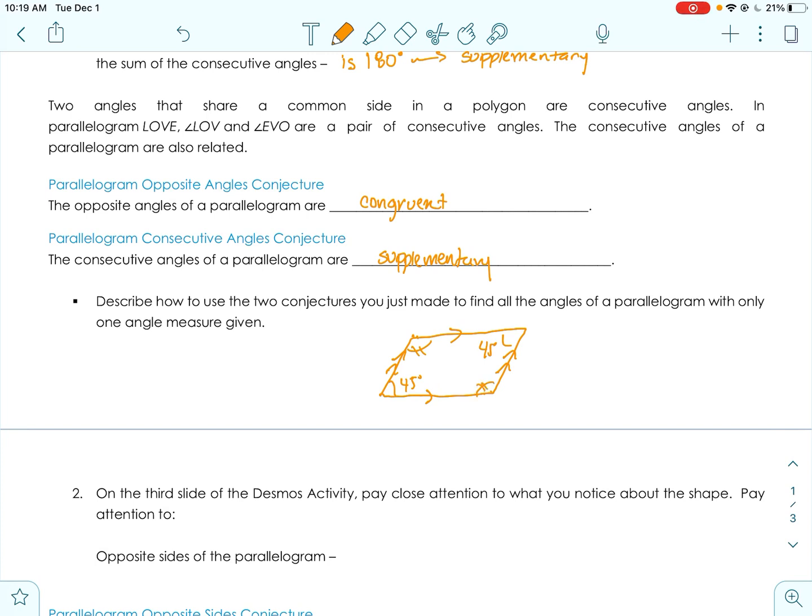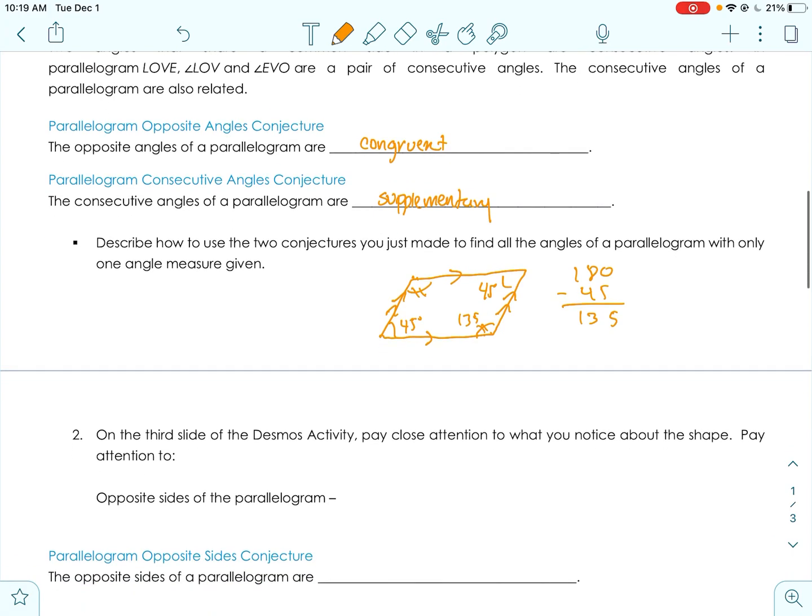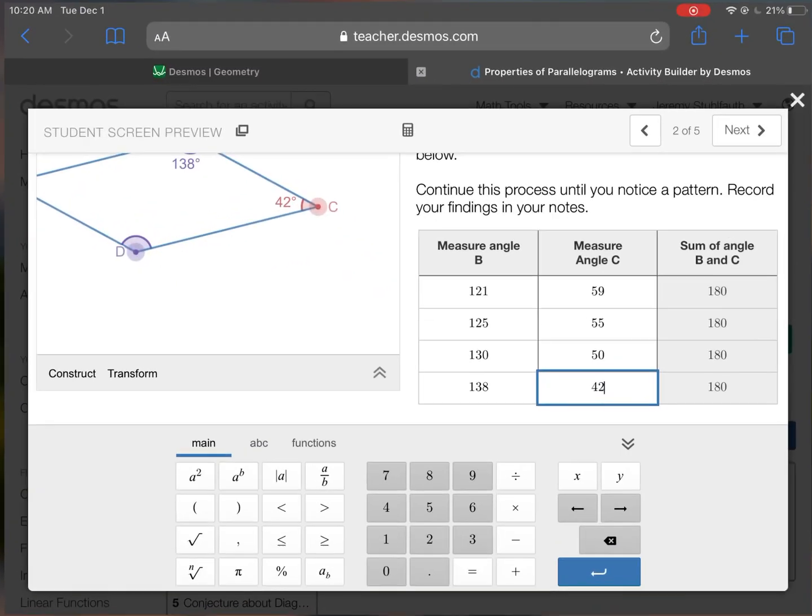Now, we also know that consecutive angles have to add up to 180 degrees since they're supplementary. So 180 minus 45 would give us 135. That tells us that this angle would have to be 135, as would that angle, because they are opposite, which means that they are congruent. So that is how you could use those two conjectures to figure out the measures of three missing angles in a parallelogram.